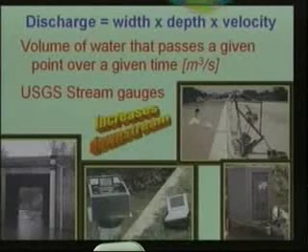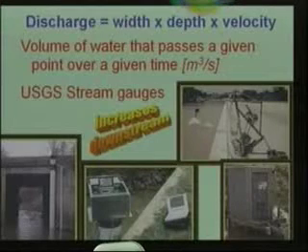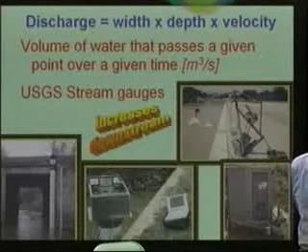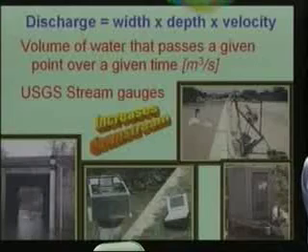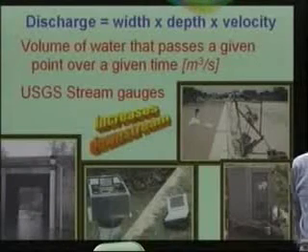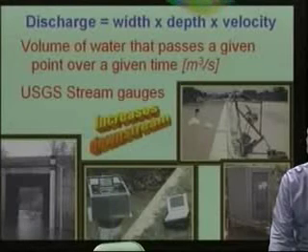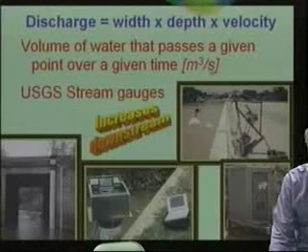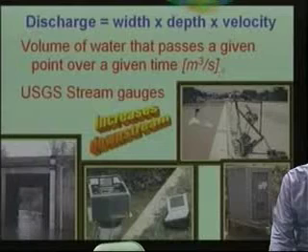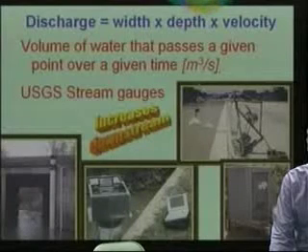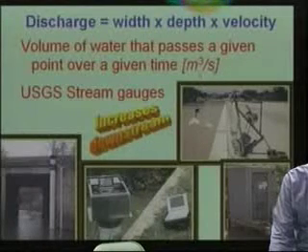So the definition is in red, the volume of water that passes a given point over a given time. And I've given you one expression of that as far as units are concerned, cubic meters per second. Now, how that's represented depends upon the stream and in what country we're working with, but this is the metric system here.